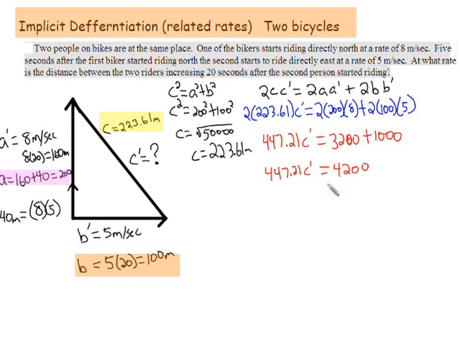We want to solve for C prime, so we divide by 447.21. So C prime is 9.39, and it's going to be meters per second.